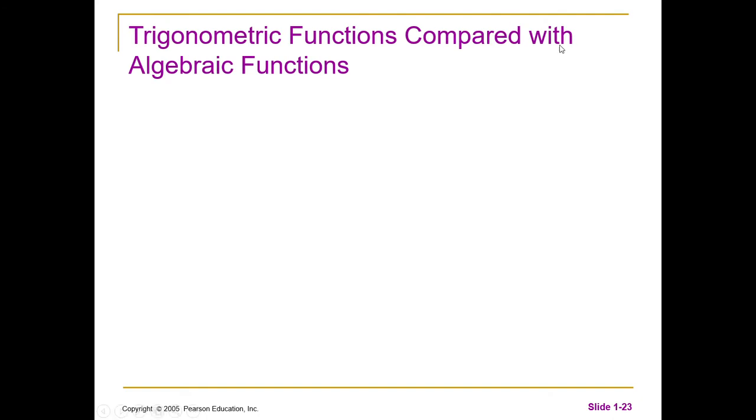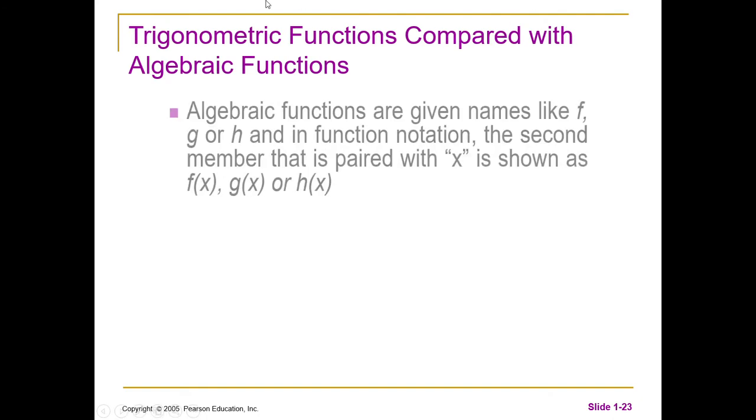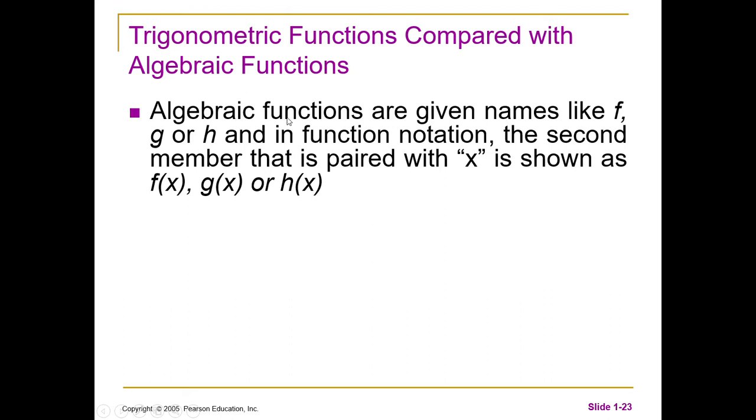So we have the trigonometric function compared. The algebraic functions are given names like f, g, or h in function notation. The second member that is paired with x is shown as a function of x: g(x), h(x).